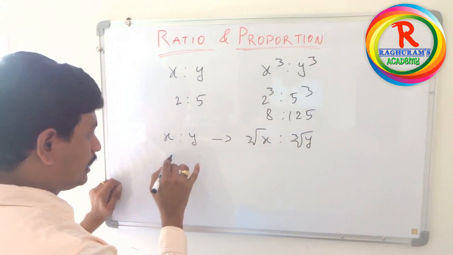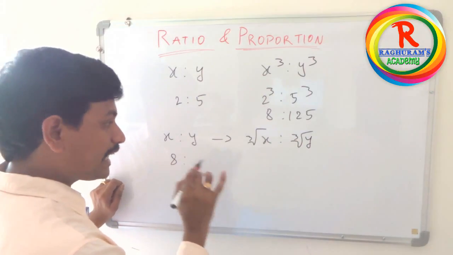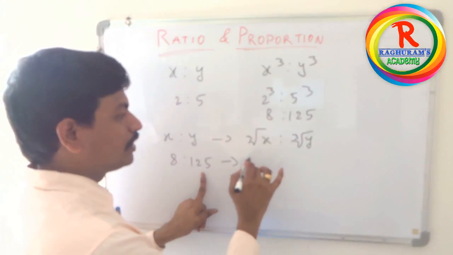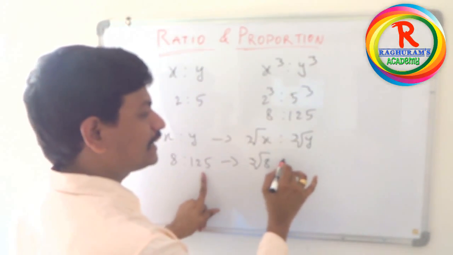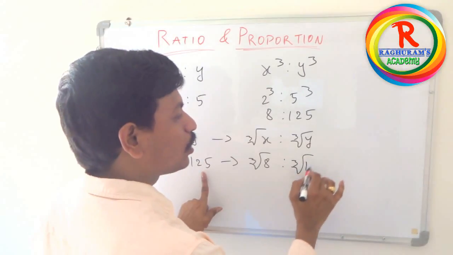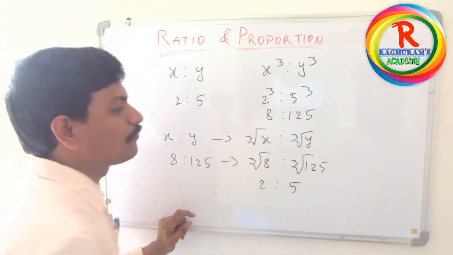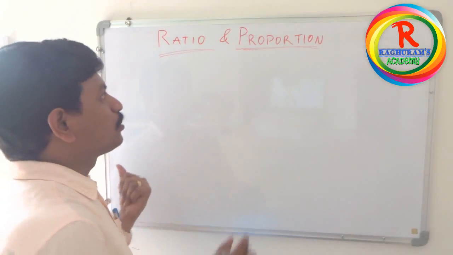Now the sub-triplicate ratio of 8 is to 125: we have the cube root of 8 is to the cube root of 125, that's nothing but 2 is to 5. Sometimes you may get questions like this.